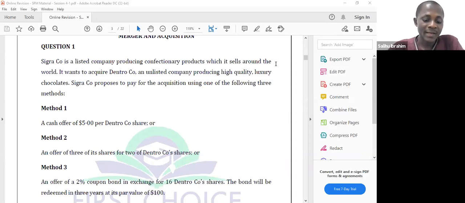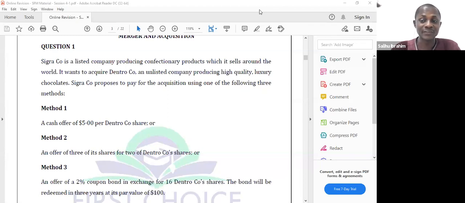So now, when two companies are to merge, definitely the aim of those companies coming together is that they want to enjoy additional benefits. The two companies feel that if we come together and operate as one entity, we should be able to have operational efficiency.